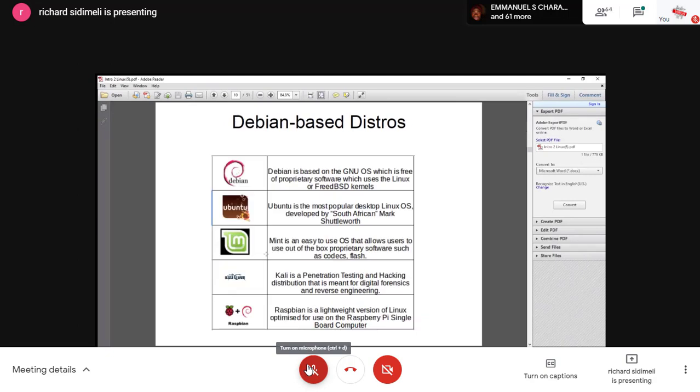Another very interesting one, when I was doing my master's, I used this one. We used Debian, and that was actually what is, sorry, are you seeing this one here? Right at the bottom. Yes. Are you seeing it? Good. That's the Debian that I used.